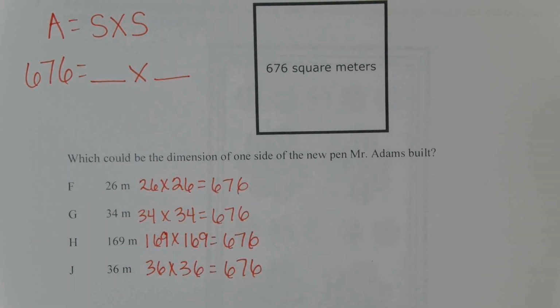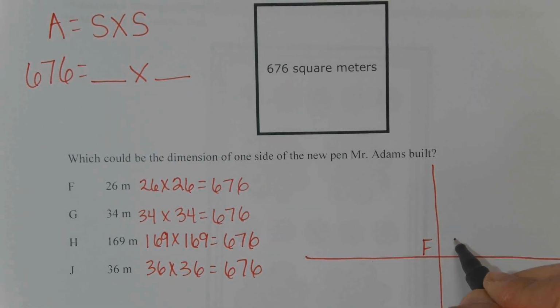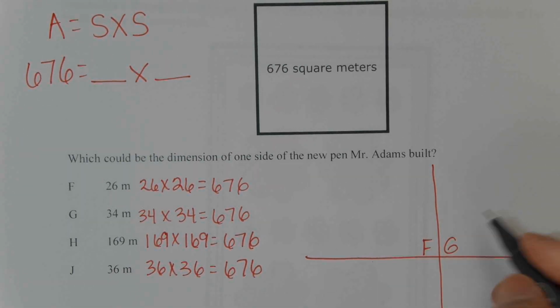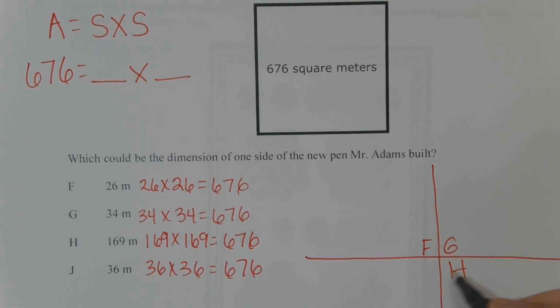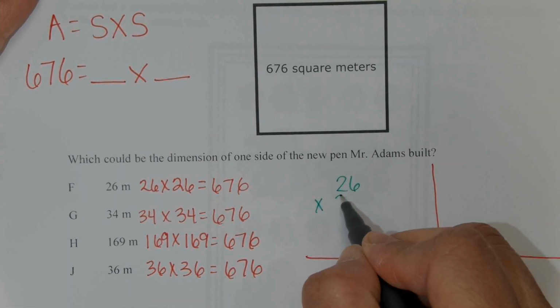So let's go ahead and do this one. F, G, H, and J. So on letter F, let's go ahead and multiply that. 26 times 26.